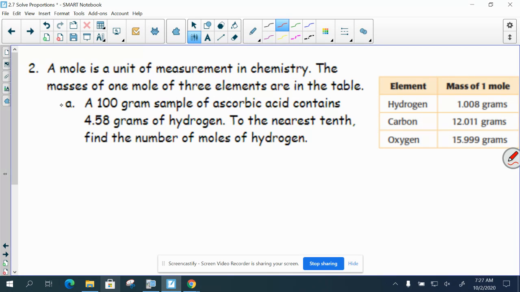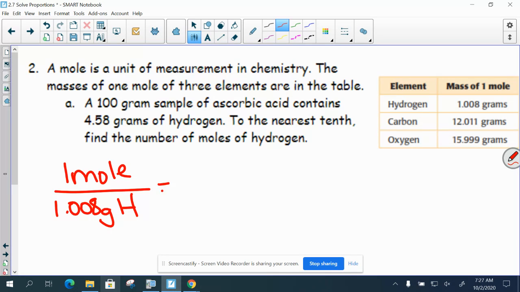All right, so a 100-gram sample of ascorbic acid. So here's how we're going to write it. So we have 1 mole to 1.008 grams of hydrogen. Make sure you include units.